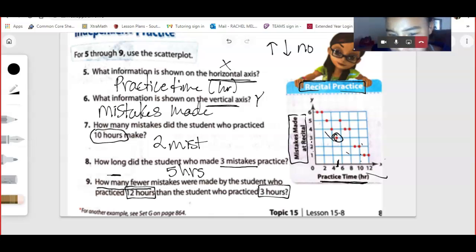Okay, so let me erase a little bit of this. So what we need to do is find out how many mistakes for 12 hours. So locate that dot and tell me, the person who practiced 12 hours, how many mistakes did they make?